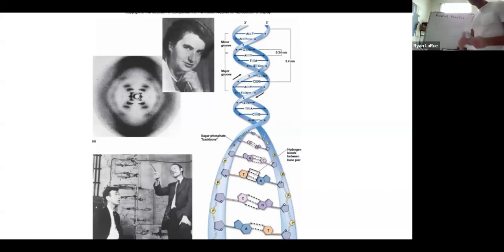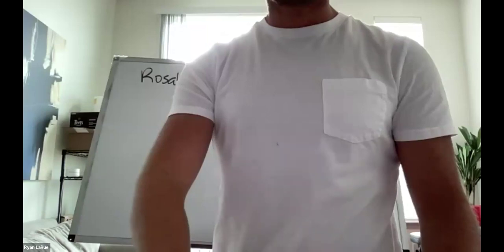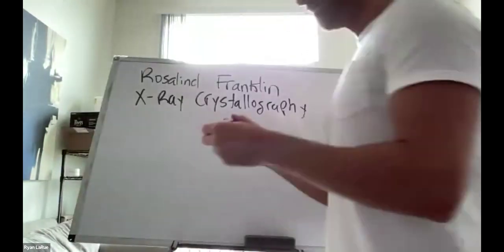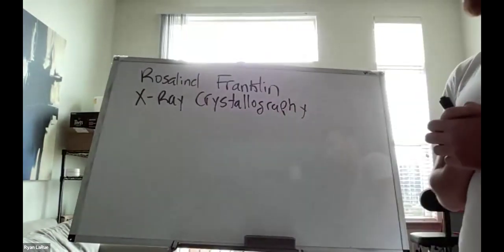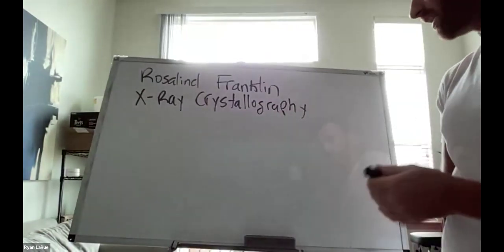It was produced by a technique called X-ray crystallography. So X-ray crystallography is actually a technique that's still used today, although it's used much more cautiously, as X-rays are very dangerous, volatile.